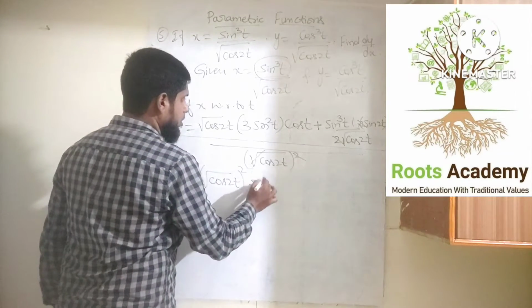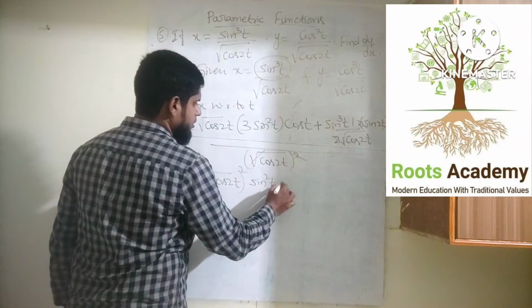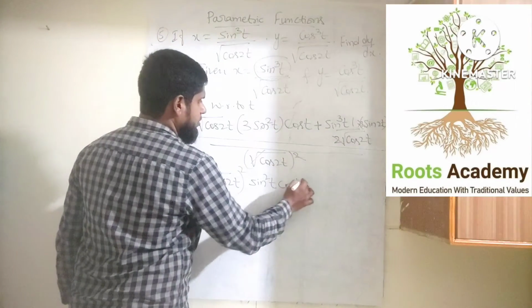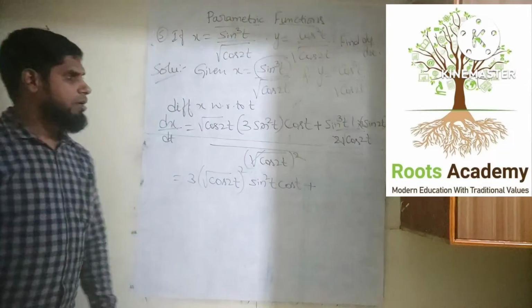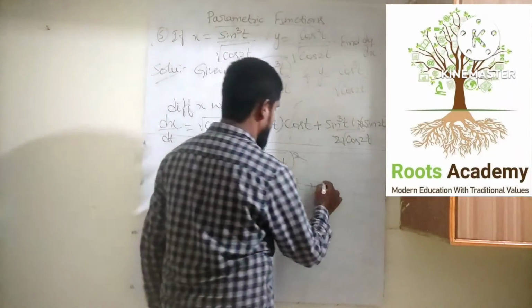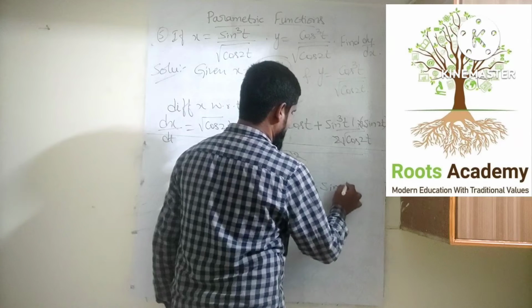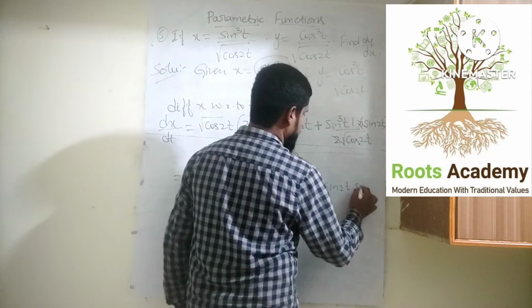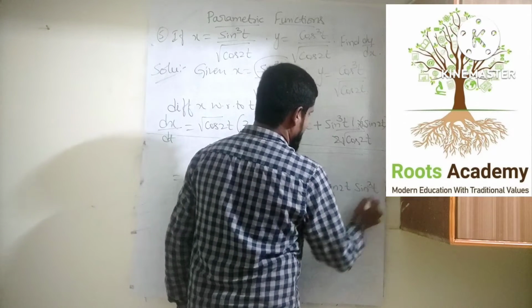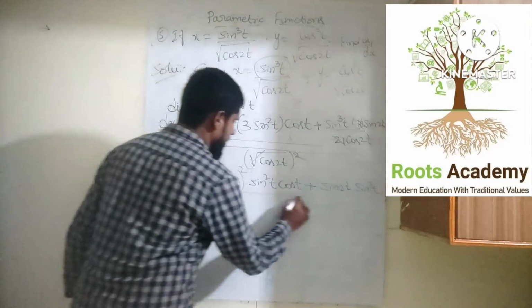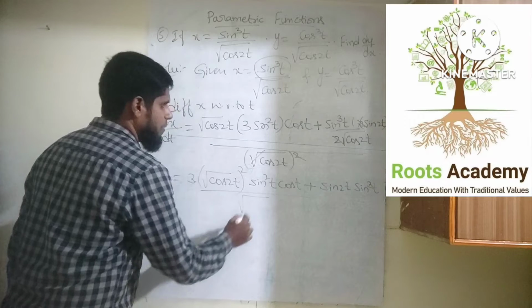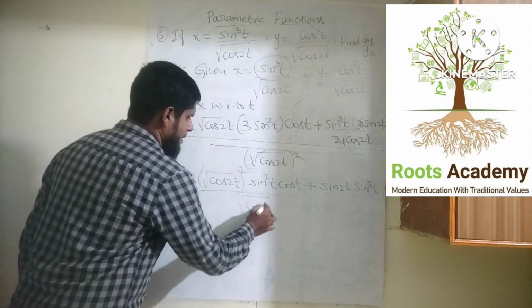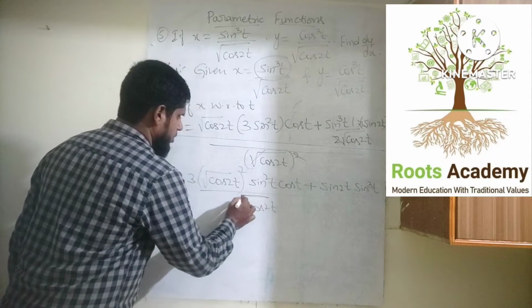Into sine square t into cos t plus sine 2t into sine cube t, divided by root of cos 2t.